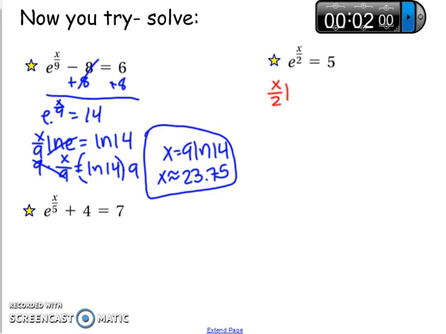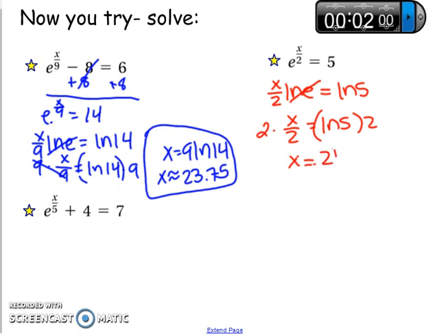So the x over 2 comes down. ln of e is gone. x over 2 equals ln of 5. I'm going to multiply both sides by 2. So I have x equals 2 ln of 5. And approximate that, it's going to be 3.22.